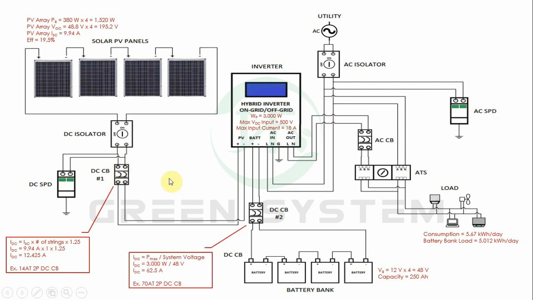DC circuit breaker number 2 is at the input of our inverter, or at the output of our battery bank.